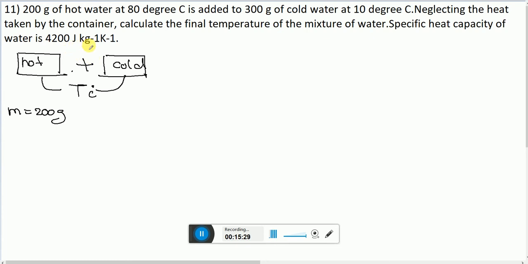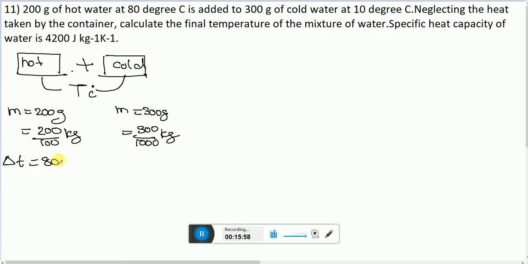Specific heat capacity of water is mentioned in kg, so we'll have to convert this into kg. Similarly, mass of cold water is mentioned as 300 grams. Converting this into kg, we get this, and the temperature difference for hot water will be equal to 80 minus T degrees centigrade, and for cold water it will be T minus 10.